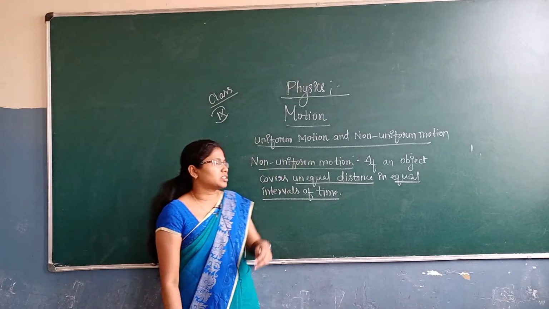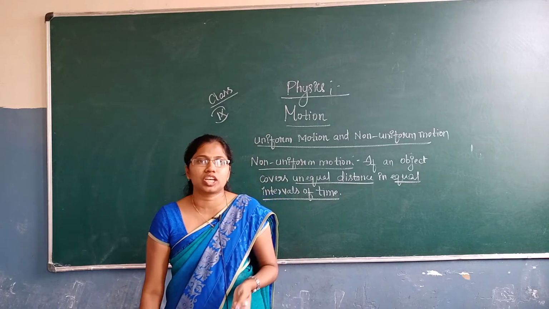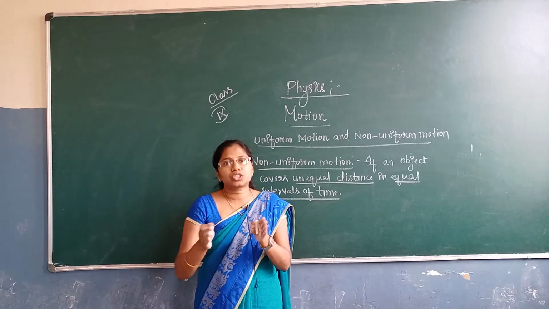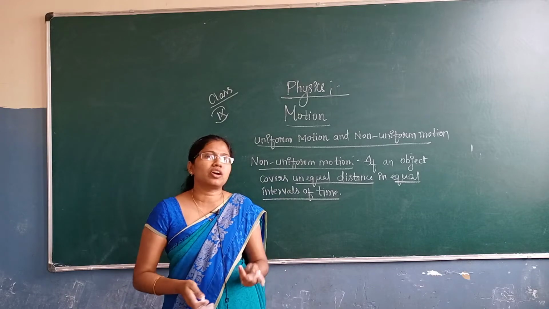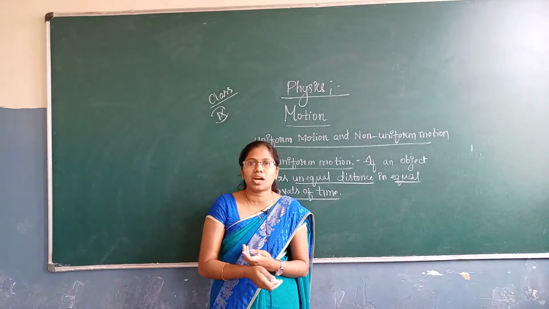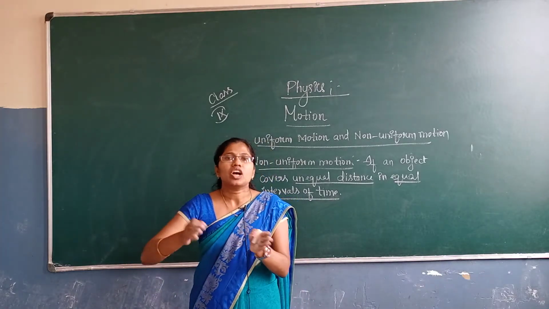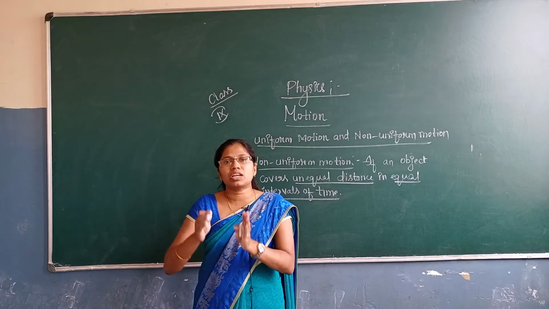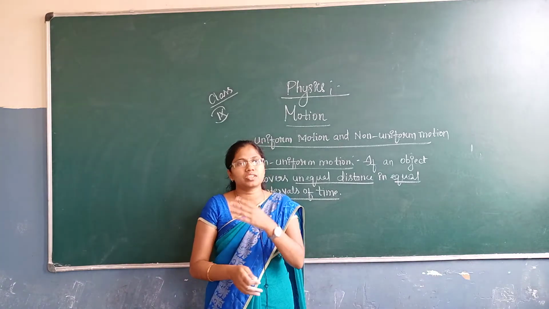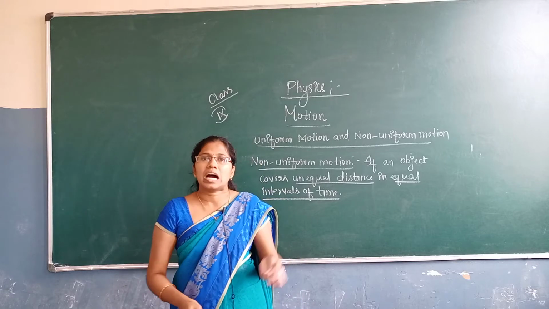Then what are the examples for non-uniform motion? Well, in our day-to-day life we cannot follow uniform motion. That means we cannot cover equal distance in equal intervals of time all the time.